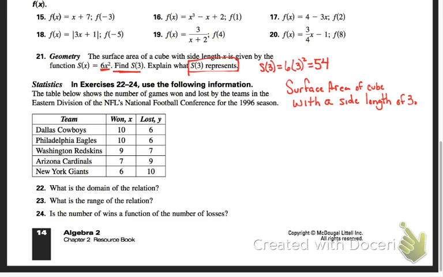Basically what you're doing is you're taking that 3 that you have and you're just replacing it with the x.